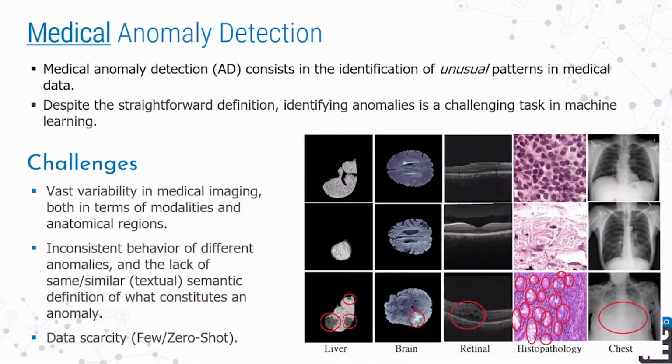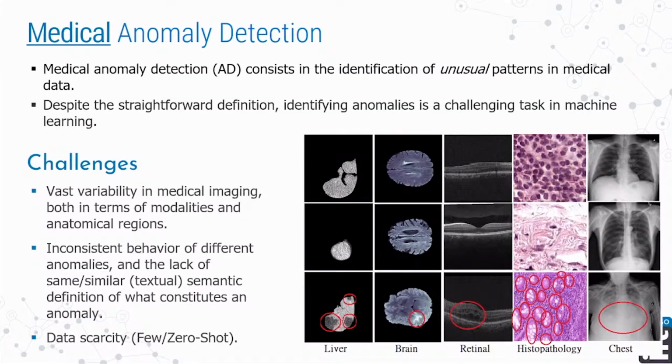The other important issue is the inconsistent behavior of the anomalies, in the sense that there is not a typical or similar definition for an anomaly, depending, again, on the anatomical part and the modality.